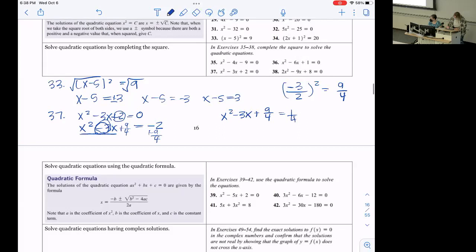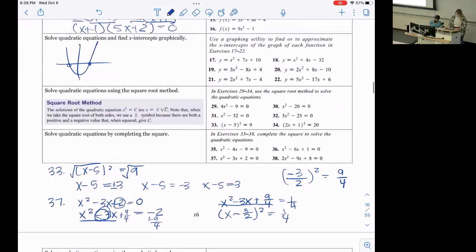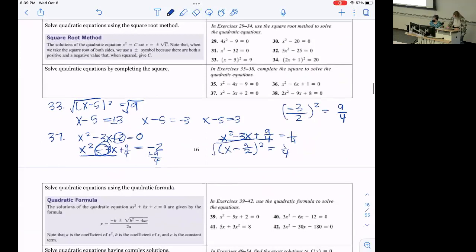Okay, so then we can break this up into a perfect square of x minus 3/2 squared equals 1/4. And then, as we saw up here earlier, we can just take the square root of both sides.